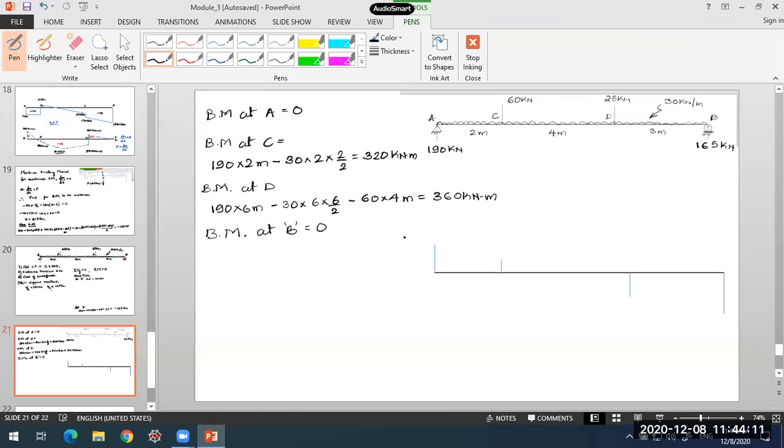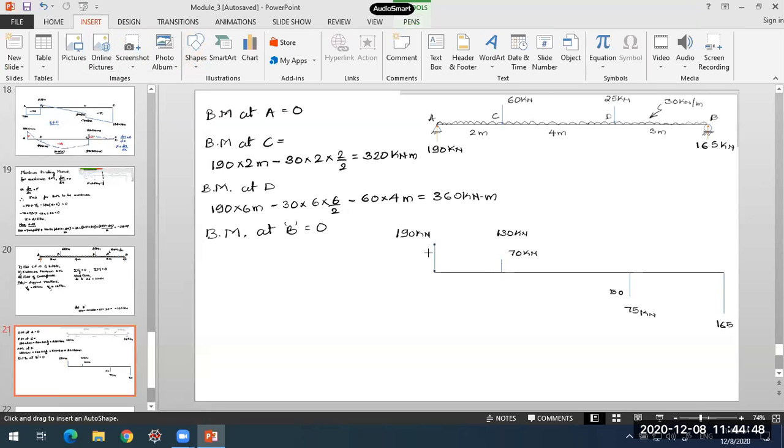Here it is 190 kilonewton, and this was 130 kilonewton. 130 minus 60, how much was it? 70 kilonewton. And here minus 50 and minus 75, and 165 kilonewtons. These are all in kilonewtons.